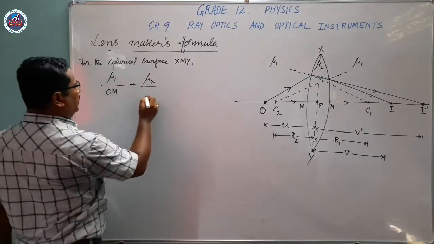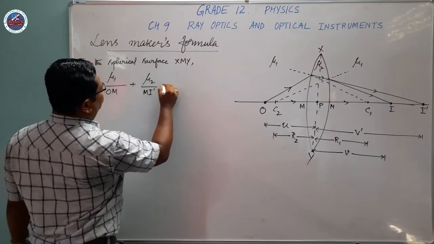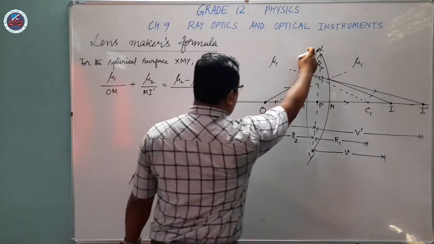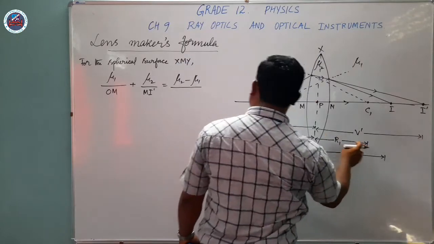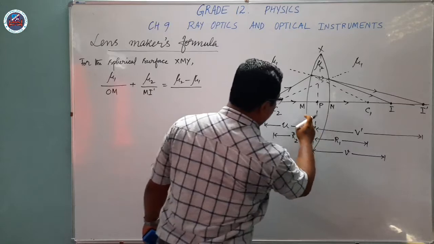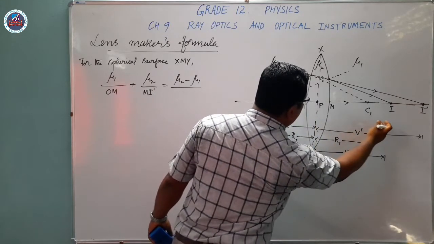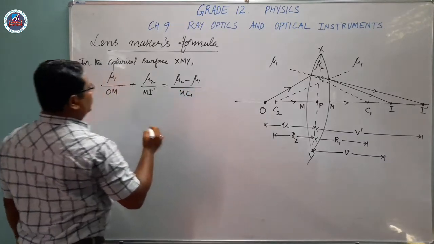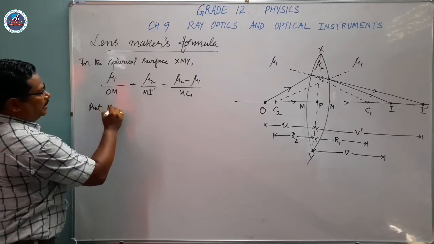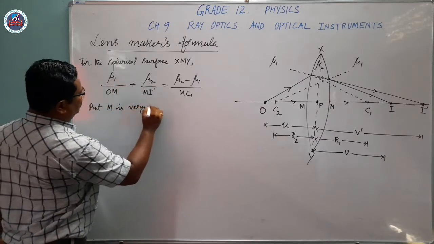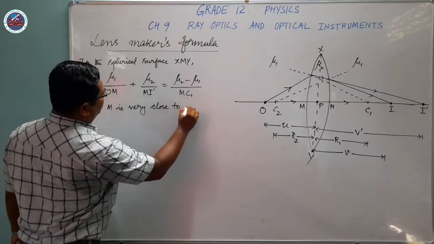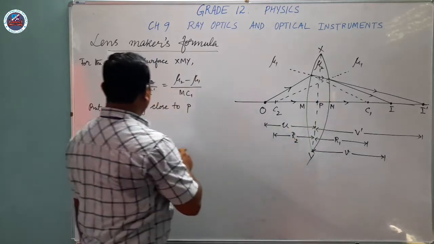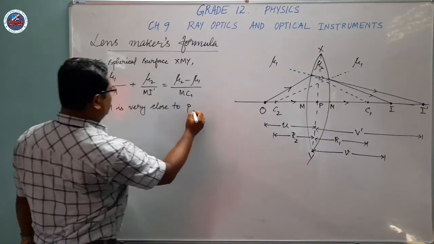That is, MI dash is equal to mu2 minus mu1 divided by the radius of curvature. For the first surface XMY, the radius of curvature is R1. This R1 means it is from M to C1, so MC1. But M is very close to P. As the lens is very thin, this P is coinciding with M. So you can replace it.